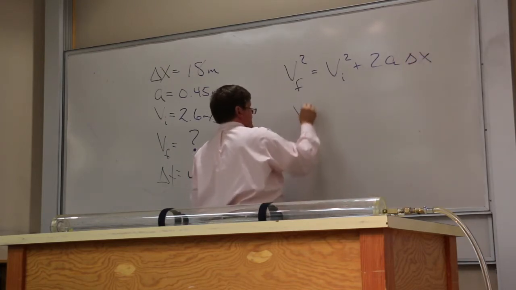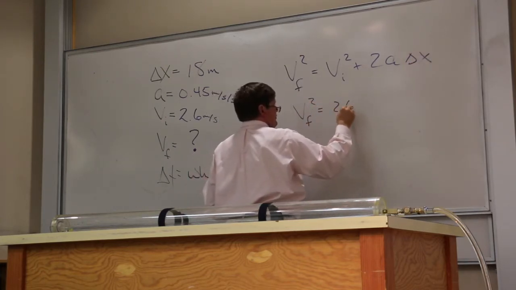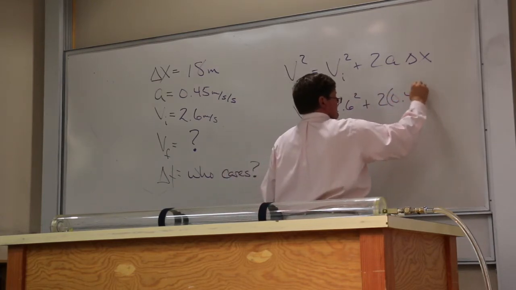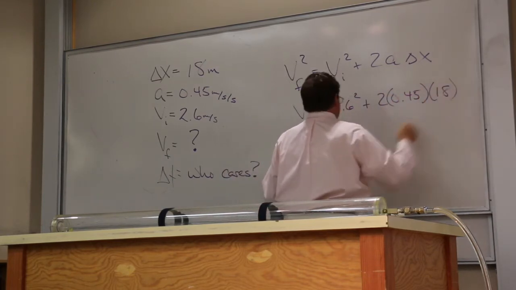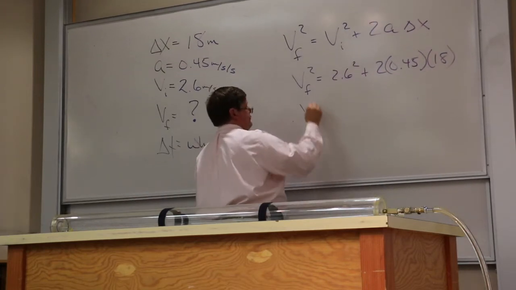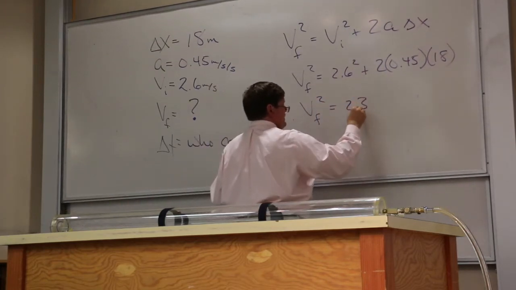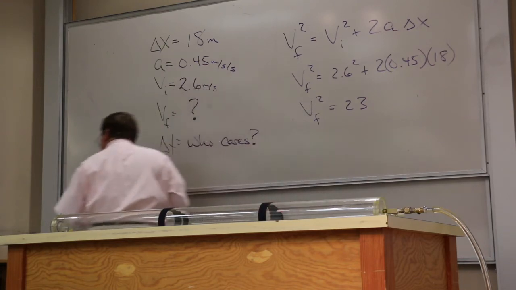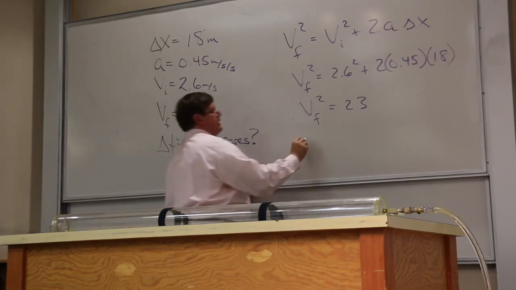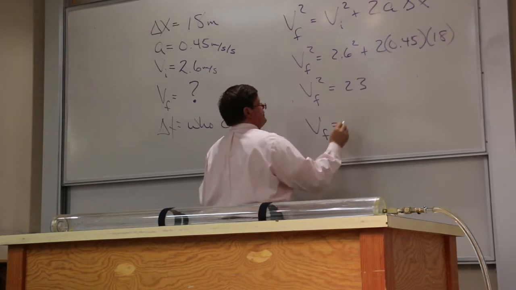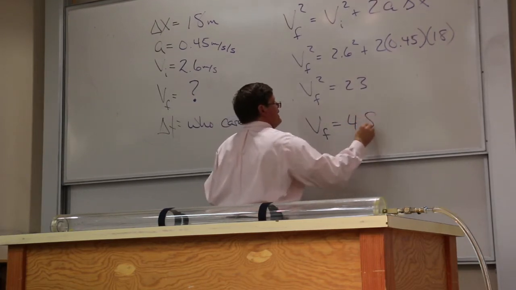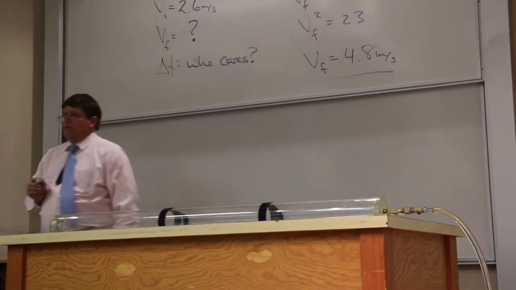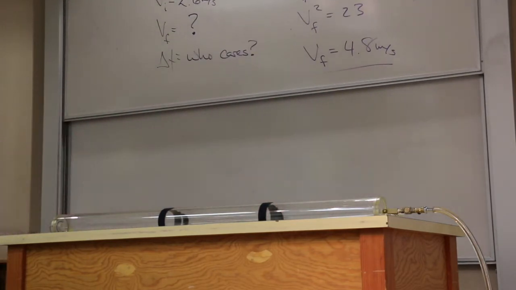V final squared is going to be 2.6 squared plus 2 times 0.45 times 18. That gives me V final squared is equal to 23. And is that right? Yes, 23. And that gives me a V final that's equal to 4.8 meters per second. Okay, notice how my brain was turned off during that whole process.